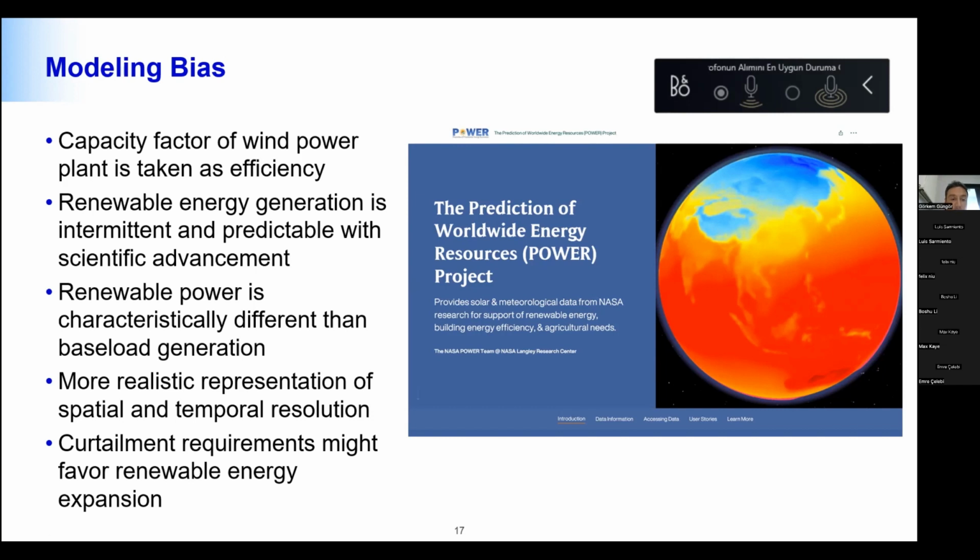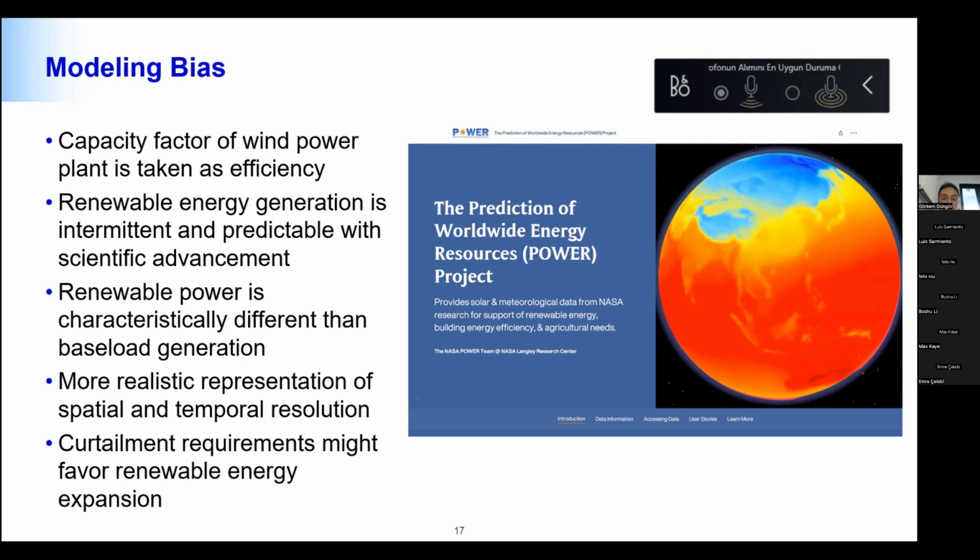And the curtailment requirements, where there is an increasing share of renewable power in many countries, and based on the fluctuating demand, which fluctuates based on demand and price and our habits of living, the curtailment requirements might favor renewable energy expansion together with innovative technologies such as energy storage technologies, or more innovative technologies such as electricity to fuel or electricity to power technologies.